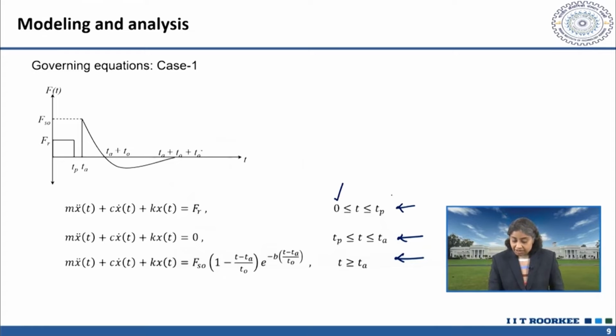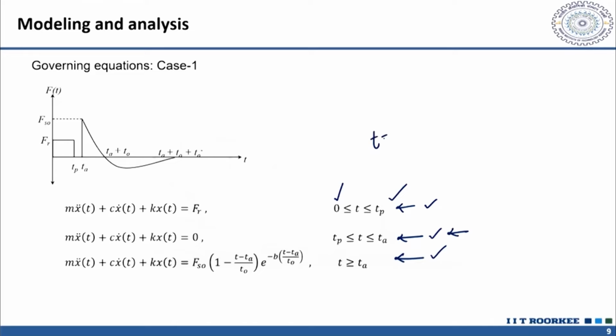But wherever there is a change in the equation system in a different time duration, the initial condition for the second time duration will be the last condition of the first time duration. That means the condition at time t equal to Tp will be the initial condition for this particular equation, and so on.